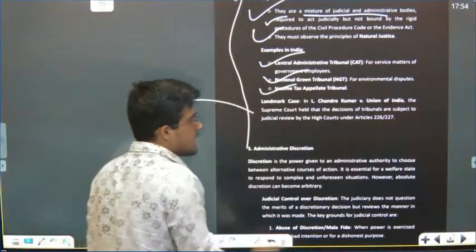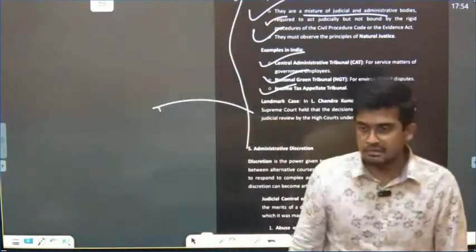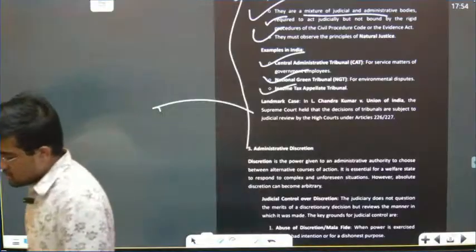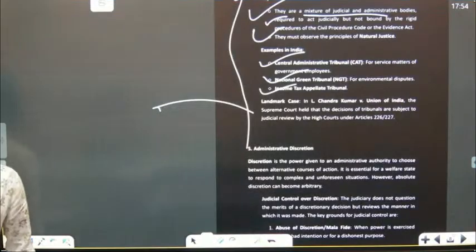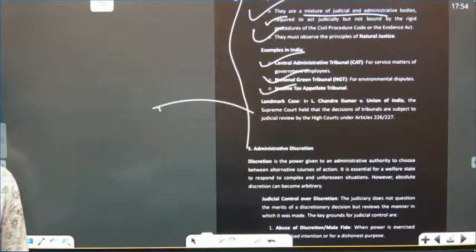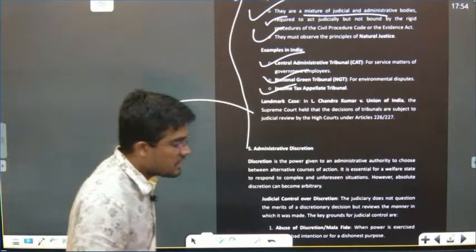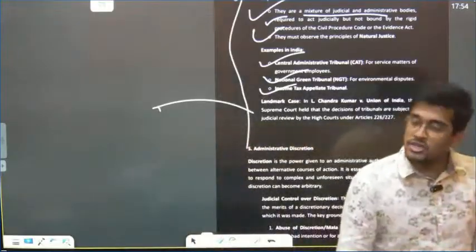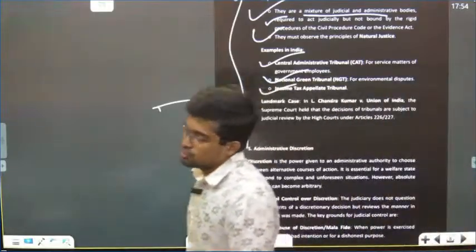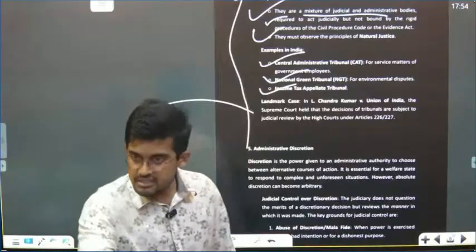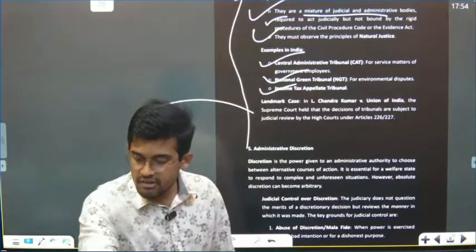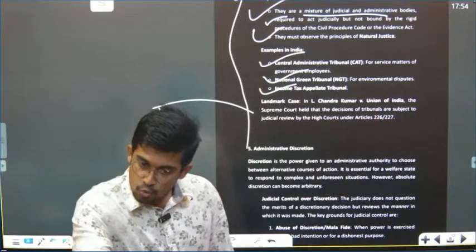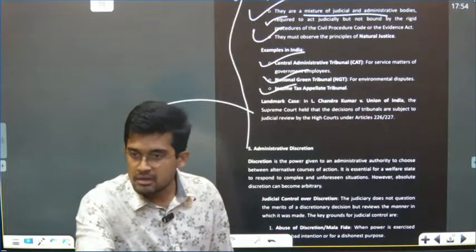Now, any judgment these tribunals give is judicially reviewable. This was held in L. Chandra Kumar versus Union of India. It says that judicial review is a basic structure of the Constitution, and even if these are administrative quasi-judicial bodies giving certain judgments, they are open to review by the Supreme Court and the High Court.